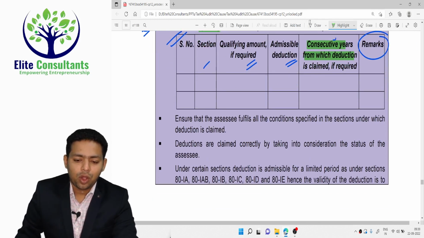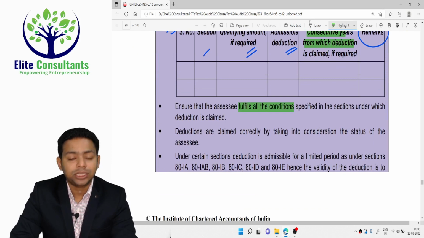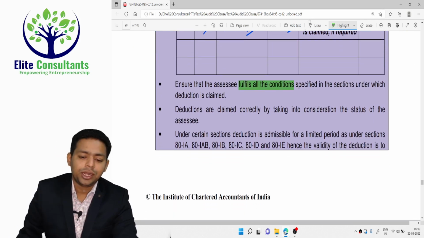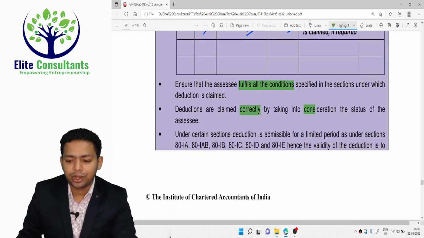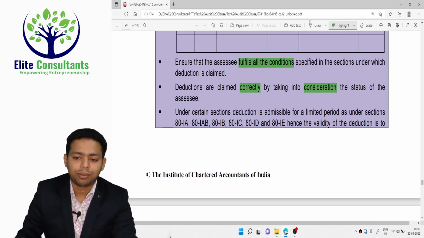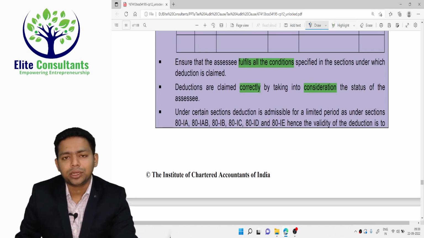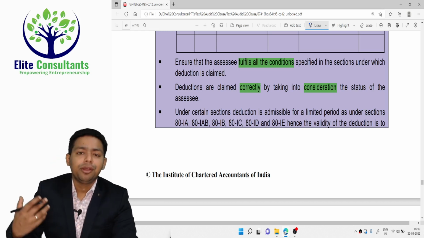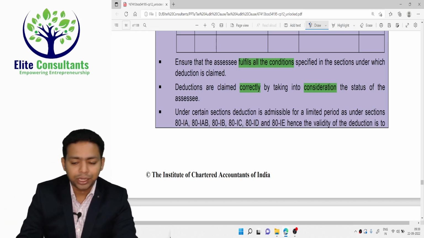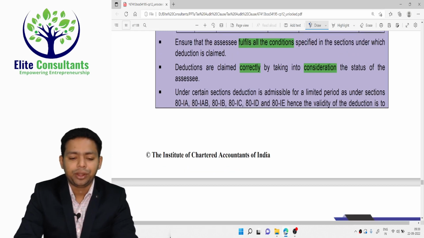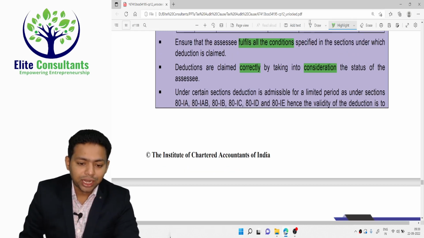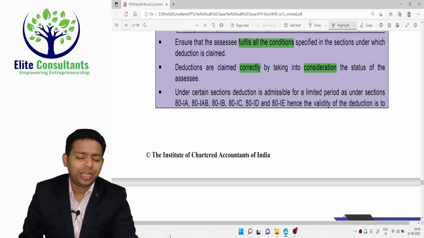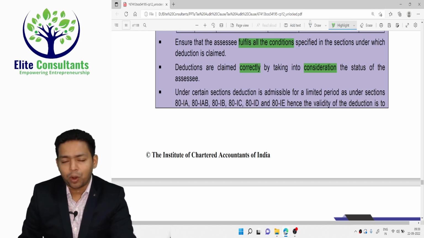Ensure that all the conditions specified in the sections are complied with. Deductions are claimed correctly by taking into consideration status of the assessee. Sometimes for individual the limits are different, for the senior citizens limits are different, for the company limits are different, for partnership firms the limits are different, and these are the most detailed and complex profit linked deductions.